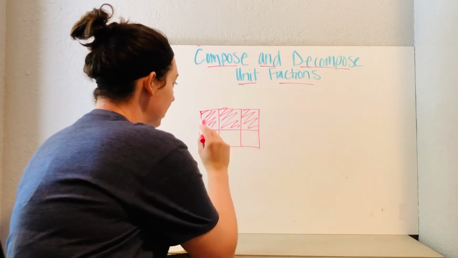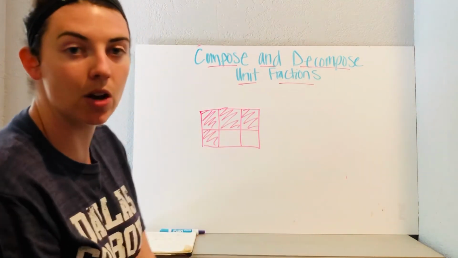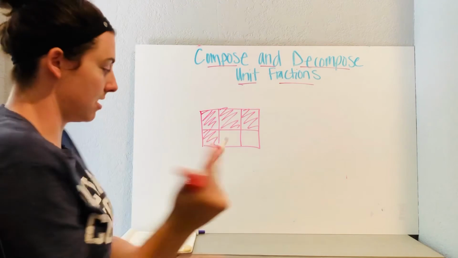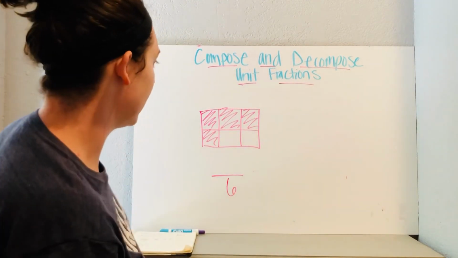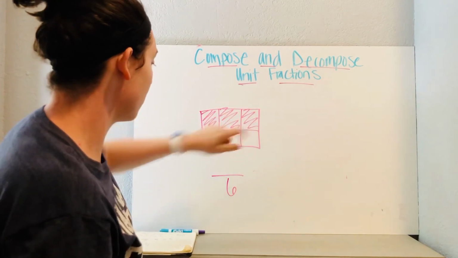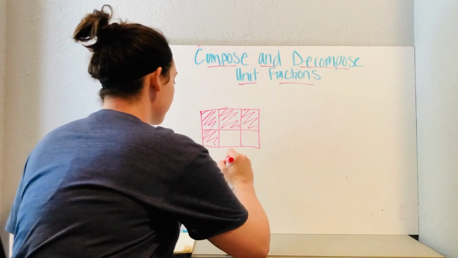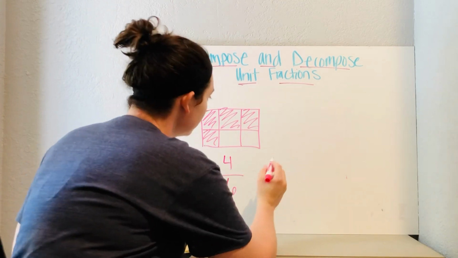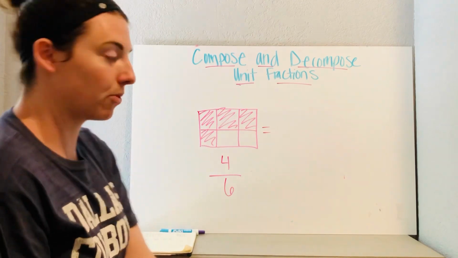So we have how many total pieces? 1, 2, 3, 4, 5, 6. Does that 6 go on the top or the bottom? Denominator, that's right. 6. How many are shaded in? 1, 2, 3, 4. Is that numerator or denominator? Numerator, yep. So 4/6, and we're going to show this using unit fractions, okay?